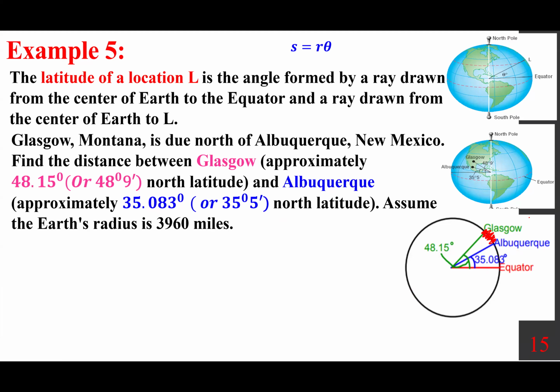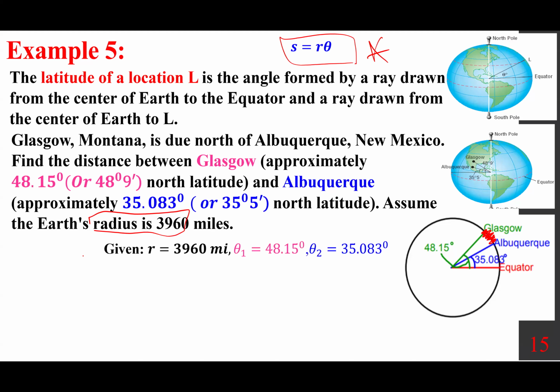This is the S equals R theta. So we have the R, 3960 miles, and theta is the difference between the two angles. Theta is the difference between the two: this is theta 1, this is theta 2, and you keep it as degrees first.